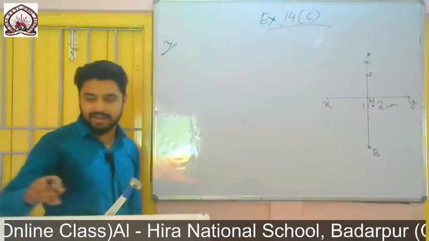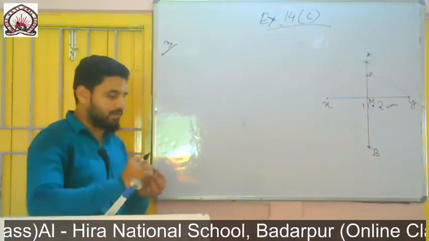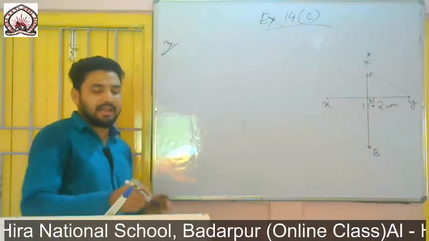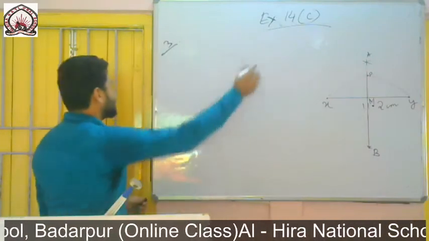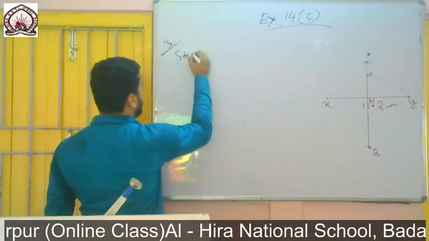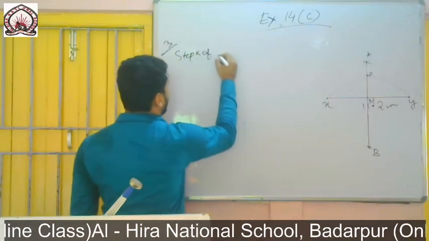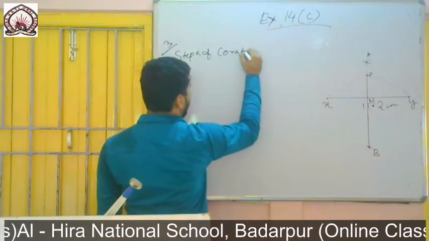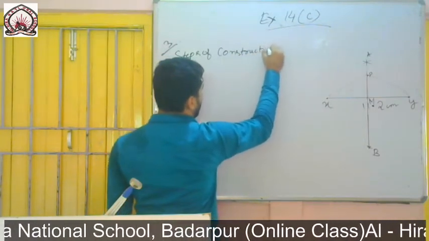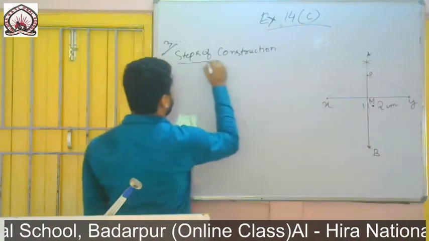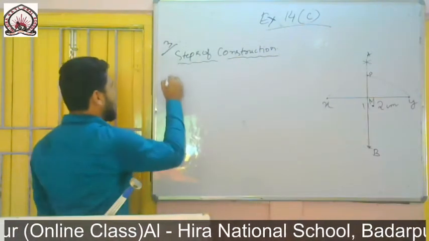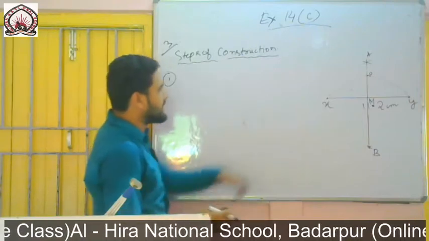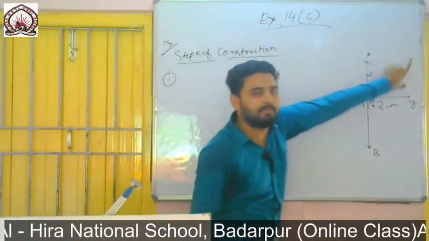Now you write the construction, how we have drawn. As earlier, the construction steps are the same. So let us write the steps of construction. You measure with your scale, you get the same length.